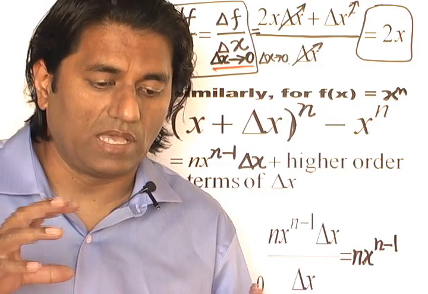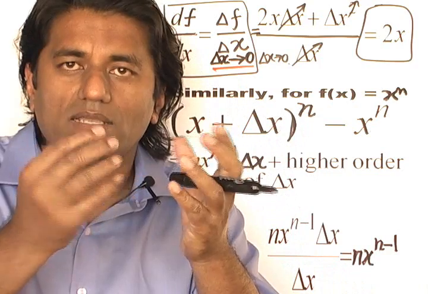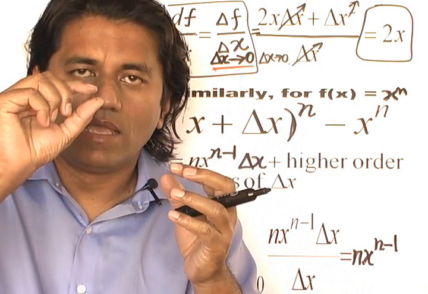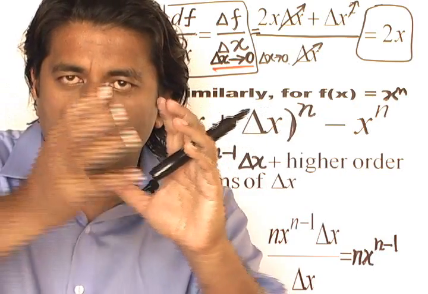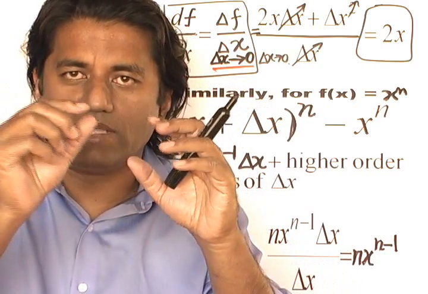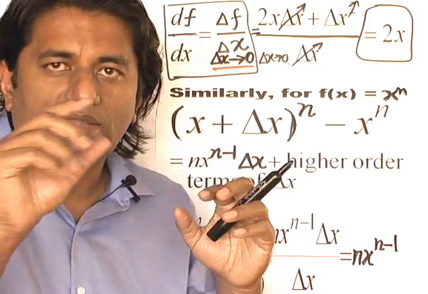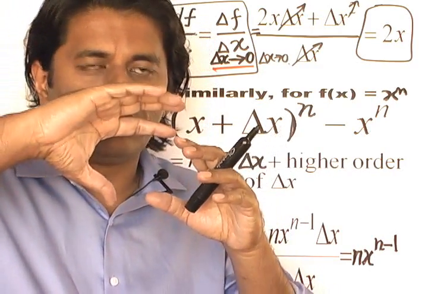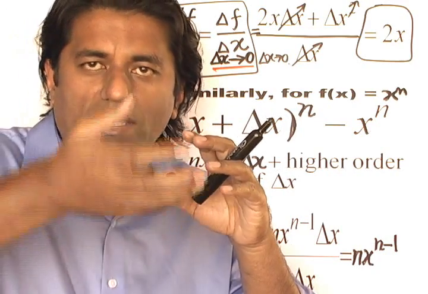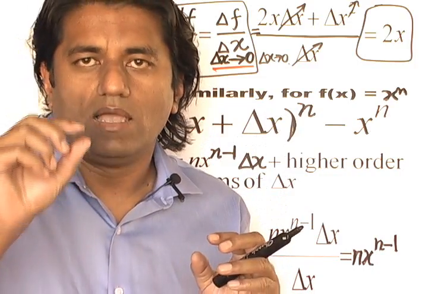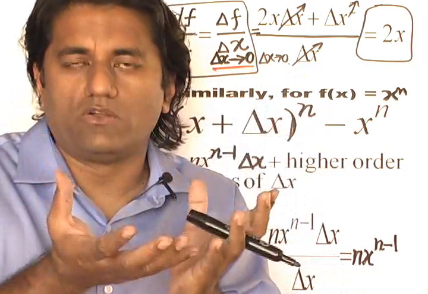For example, when you had the sphere and you are saying that the volume of one of the enclosing hollow spheres equaled dr into the surface area, that was assuming that the surface area of the outside and the inside were the same, and that of course is not true for a hollow sphere.